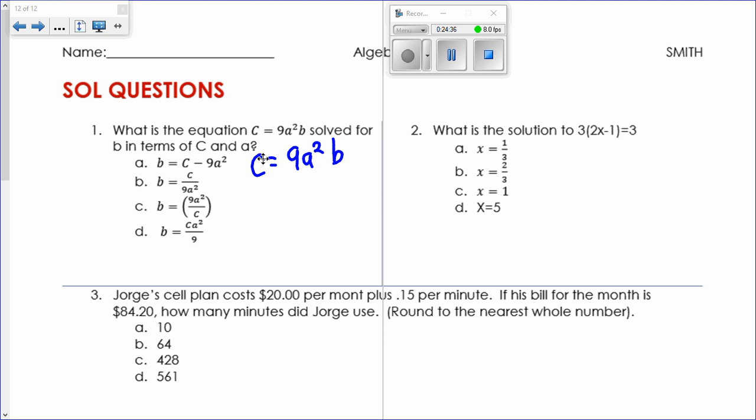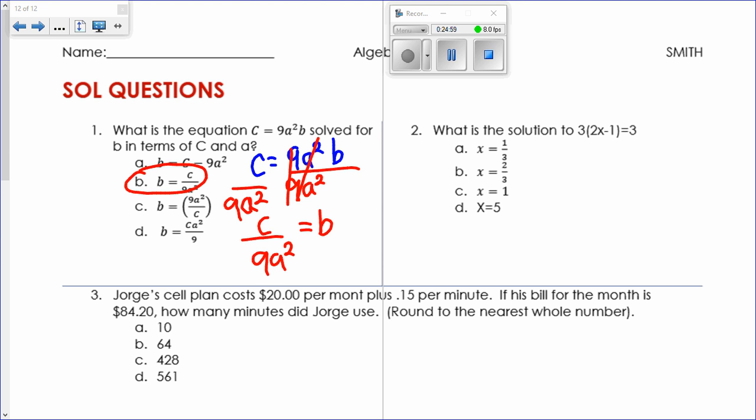I'm multiplying these things, so I divide by these things on both sides. This goes away. B equals c over 9a squared. What's your best answer here? B.